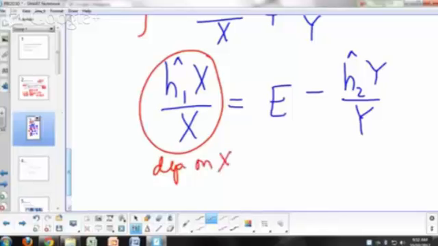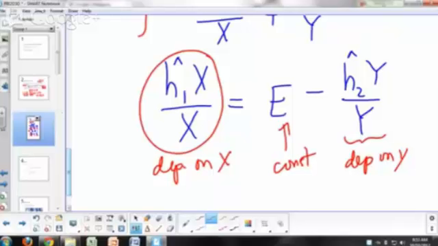The expression here will depend on the coordinate x, not big X, but little x. And this is a constant, right? And this expression right here depends on the variable y. So we're again faced with a situation where you have an expression that has a variable x in it that's equal to an expression that has a variable y in it.